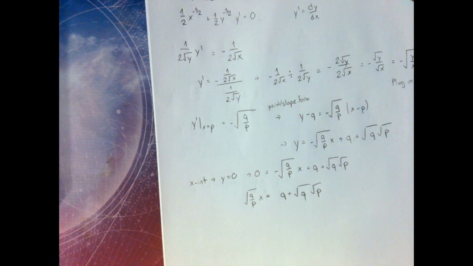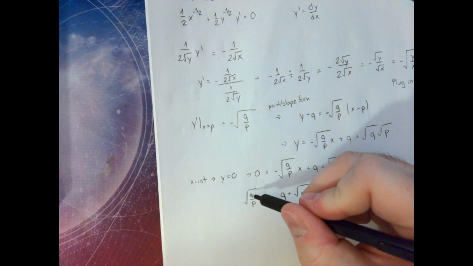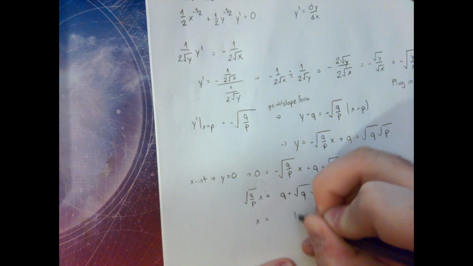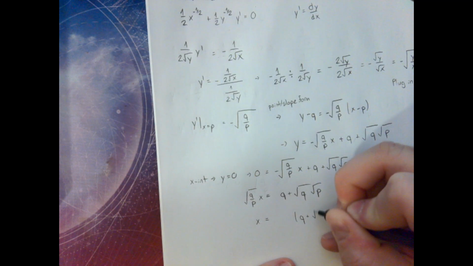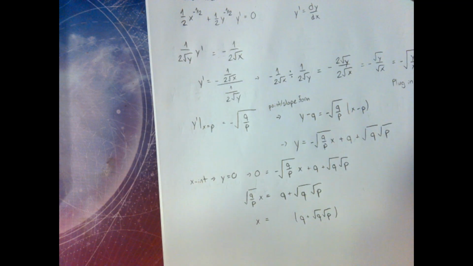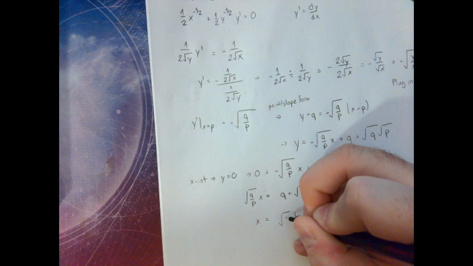Okay. So now, because all I did was just move this term over to the left side, I'm going to divide by this by just multiplying by the reciprocal. So x will just be equal to this over here in brackets, my not so beautiful looking binomial, but that's okay. And then multiplied by, instead of square root of q over p, it's going to be square root of p over q.